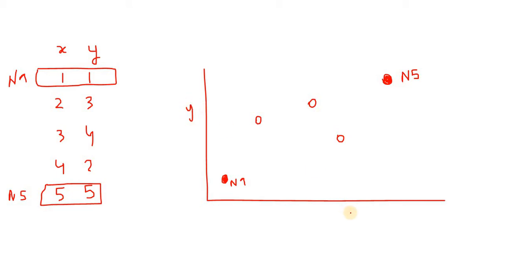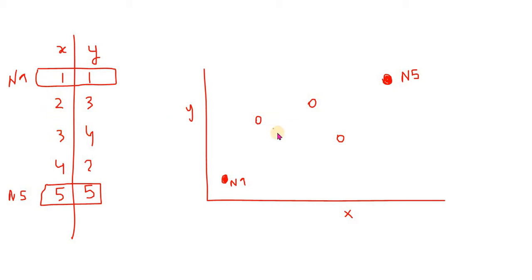We have a y-axis and an x-axis. So when we are defining an array in Matlab, we have an x coordinate and then a y coordinate, which means we have 5 rows and 2 columns for x and y, and 5 rows for 5 nodes.